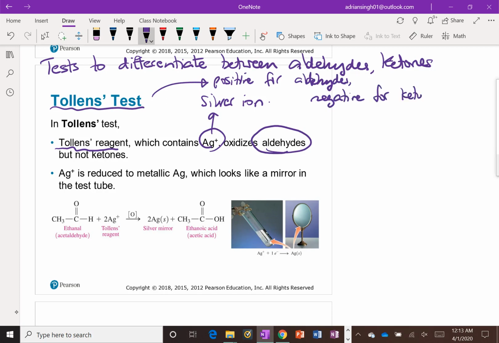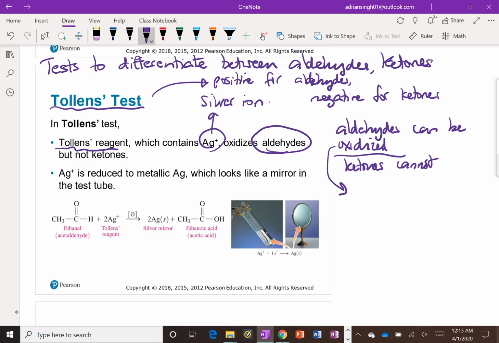And that's because the aldehydes can be oxidized, but the ketones cannot under these conditions, right? And as a result, if the aldehydes can be oxidized, that means something else can be reduced.